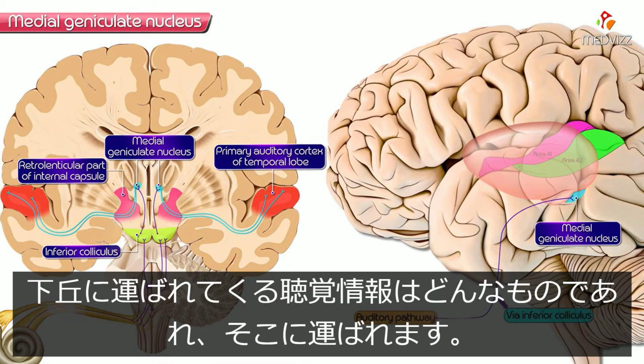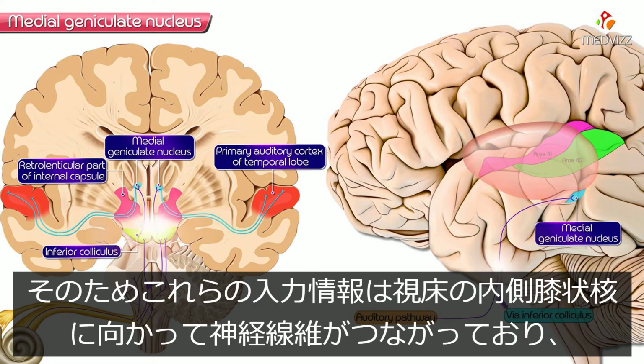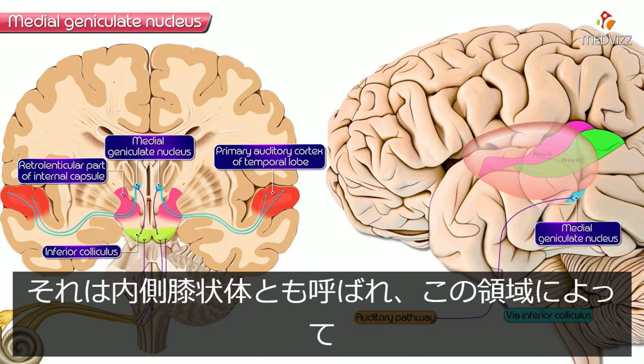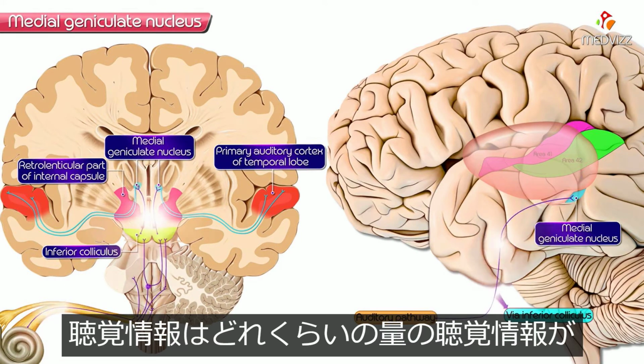Whatever information is carried to the inferior colliculus in terms of auditory signals, these inputs in turn send axons to the medial geniculate nucleus of the thalamus, also called the medial geniculate body.